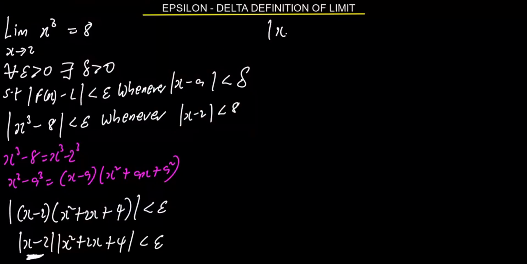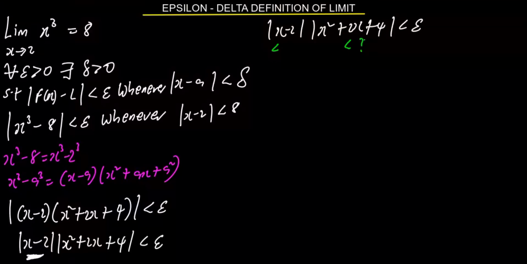So I have x minus 2 times x squared plus 2x plus 4 to be less than epsilon. Now from here, what will I do? Very simple. We already know that this is less than delta from here. But the thing is that we don't actually know what this one is less than. So we are going to find it.